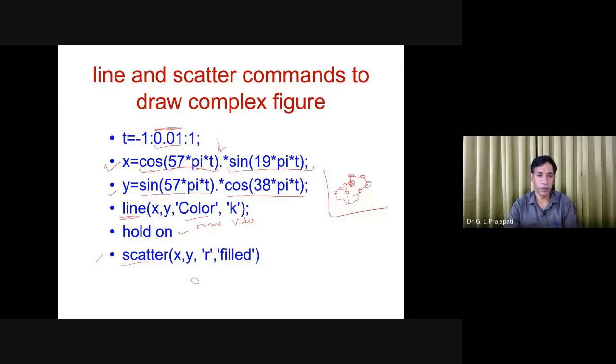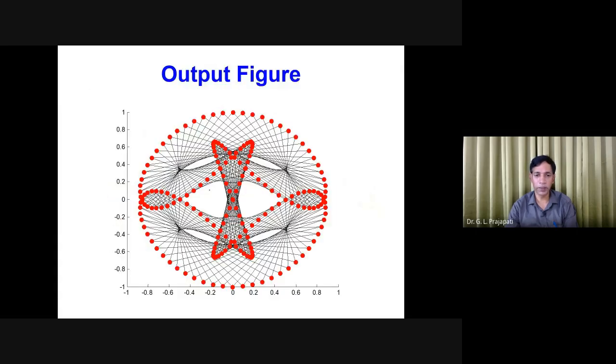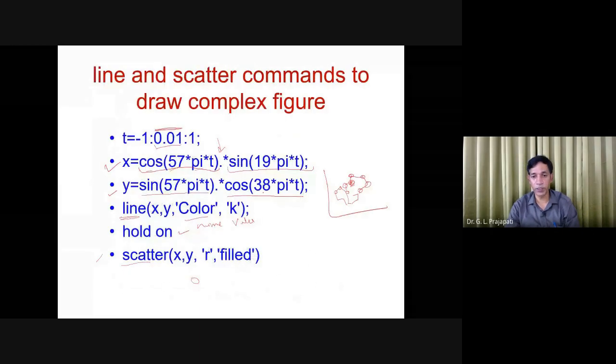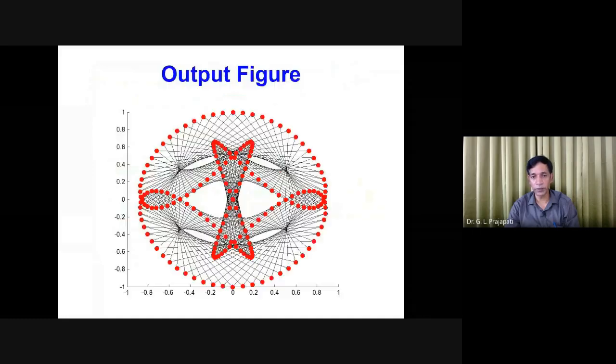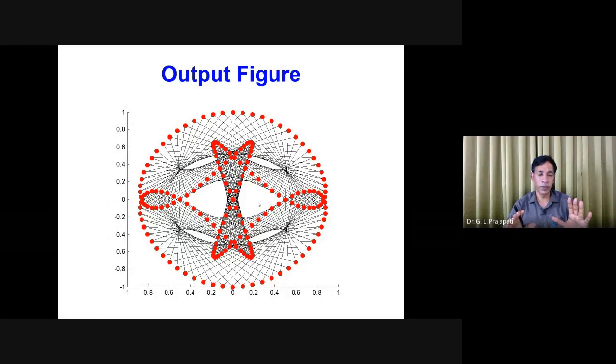With the help of the x and y equations, you are getting the graph like this. If you change these values, you will get different kinds of graphs. This looks like a butterfly, and this is the graph you are going to construct, and you have constructed the two graphs in the same axis.